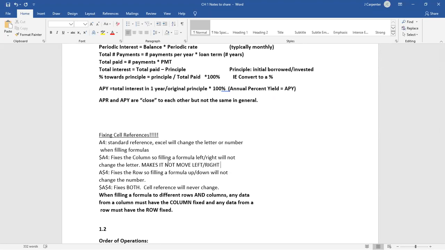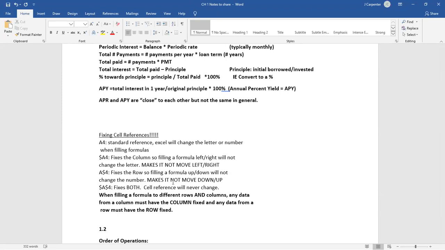So putting a dollar symbol in front of the letter makes the letter not change. So the dollar symbol says, hey, this thing shouldn't change. If you instead put the dollar symbol in front of the number, that says, hey, the row number shouldn't change. The row is actually a height. I know it seems contradictory. So that fixes the row, so filling a formula up or down will not change the number. In other words, it makes it not move up or down. That's the important aspect.